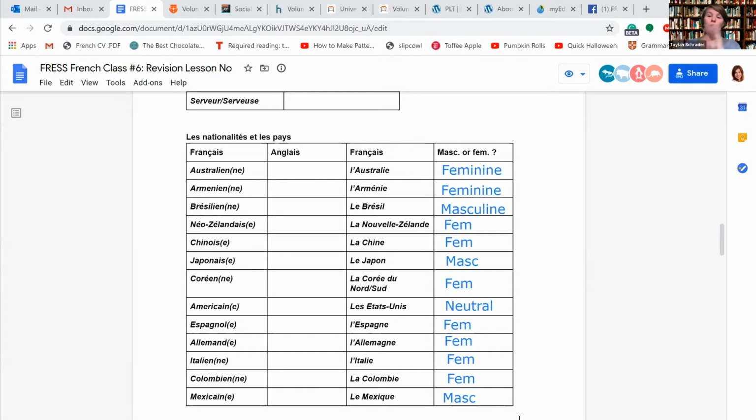Most French people will get this wrong if they don't know it. They will just automatically use masculine if they don't know, because most objects default to the masculine. But they'll also look at little things like the E on the end of things or just the vibe of a word and be like, oh, that sounds feminine, so that's what we're doing today.